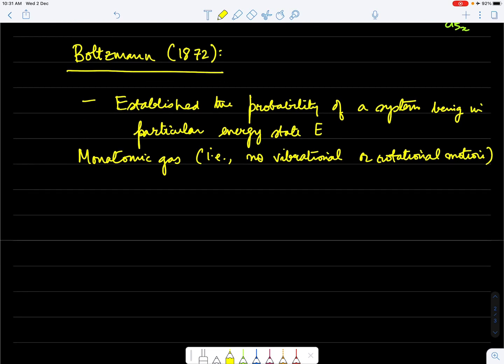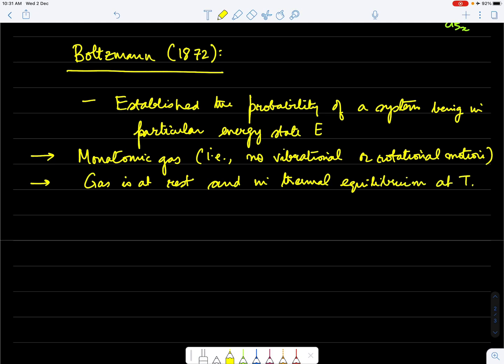And these are assumptions. The second assumption that I'll make is that the gas is at rest, so there is no bulk motion, and it's in thermal equilibrium at some temperature T.